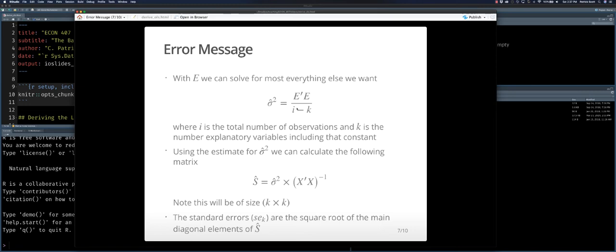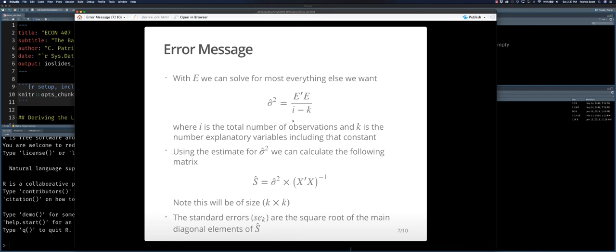From the variance covariance matrix, we can take the square root of the diagonal elements, and we can get to standard errors. So it's relatively easy once we have those individual components. E prime e is going to be a scalar calculation.